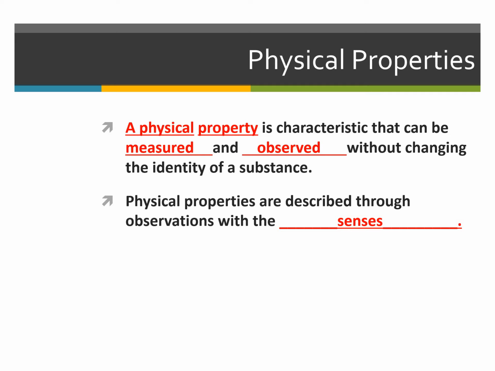Physical properties are described through observation with the senses. So if you can use your senses to describe it, most likely it's going to be a physical property. Which means if I can see it, I can touch it, I can taste it, I can smell it, all these senses add up to a physical property.